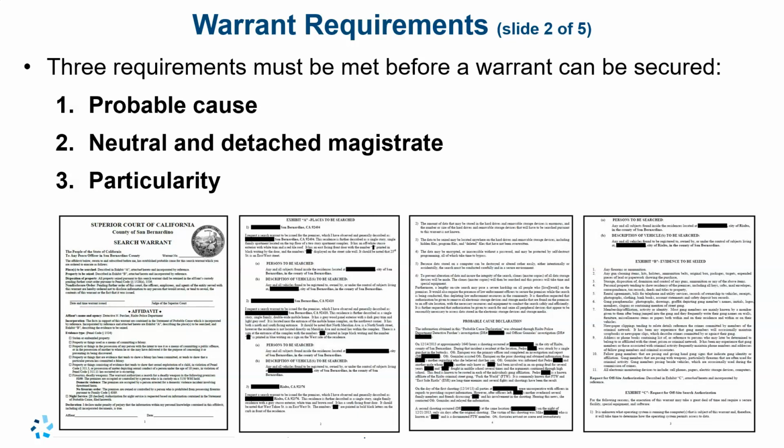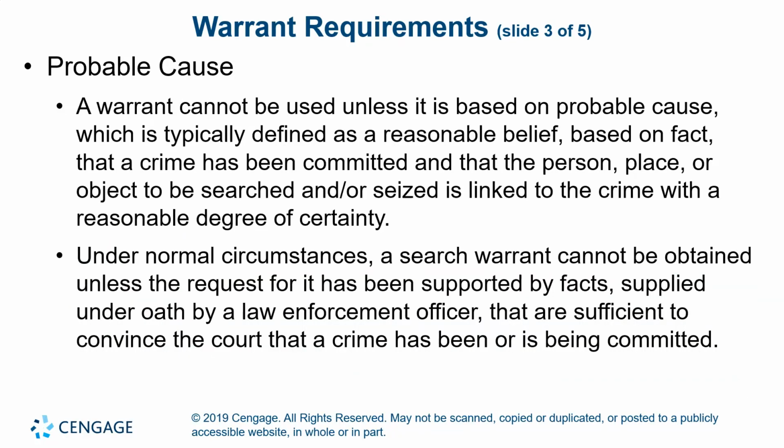So we've talked a lot about probable cause. A warrant can't be used unless it's based on probable cause, which is typically defined as, and we've defined it already, reasonable belief based on fact or facts that a crime has been committed and that a particular person, place, or object to be searched or seized is linked to that crime with a reasonable degree of certainty.